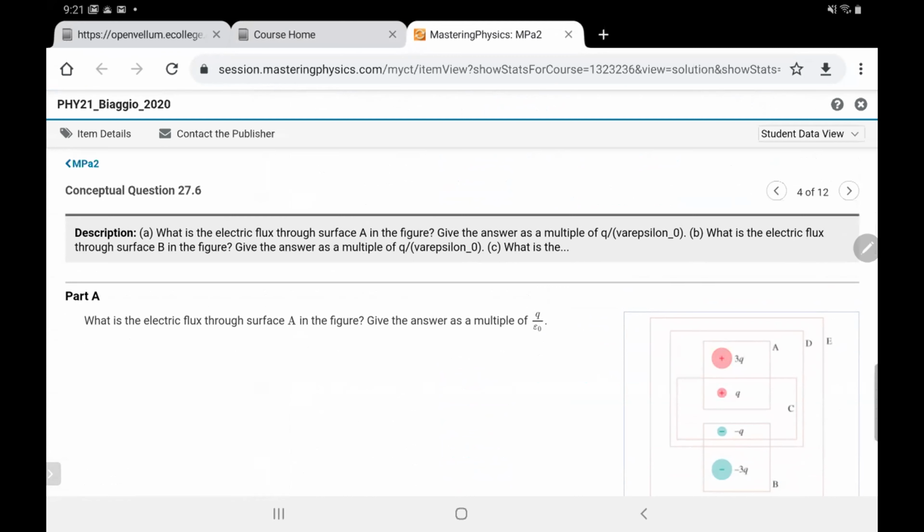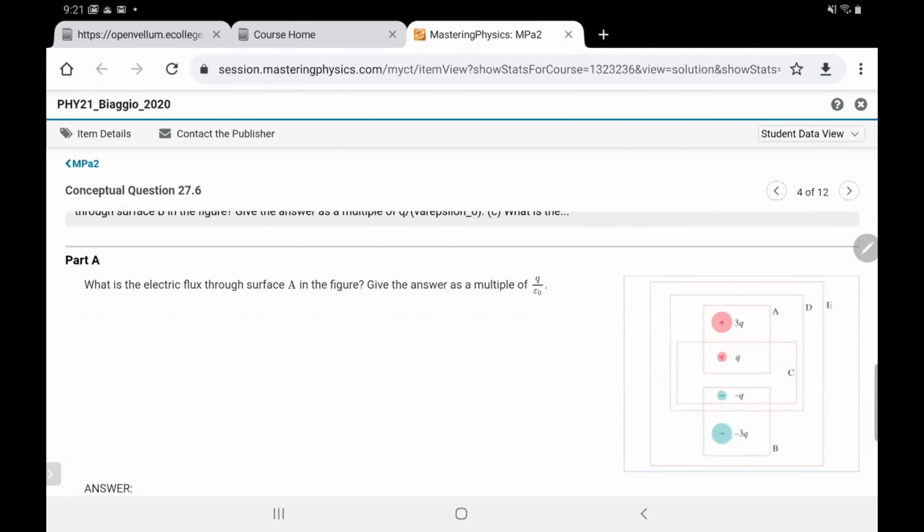the Gaussian law. And last class on Wednesday, we talked about the Gaussian law.